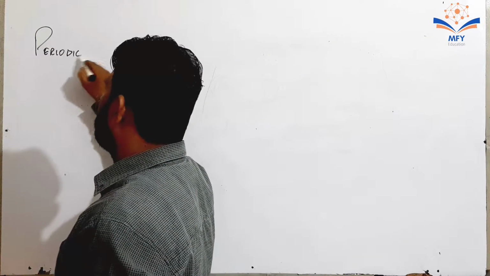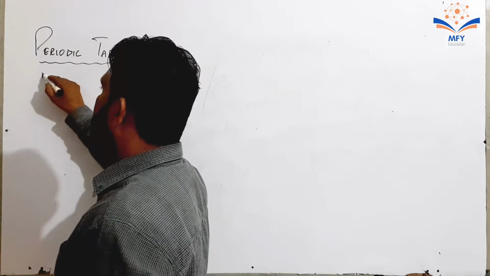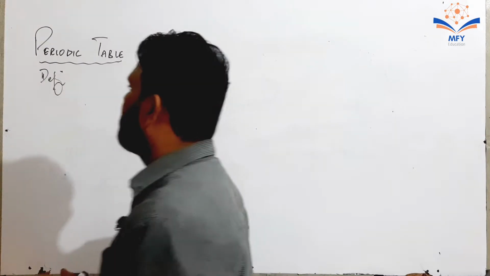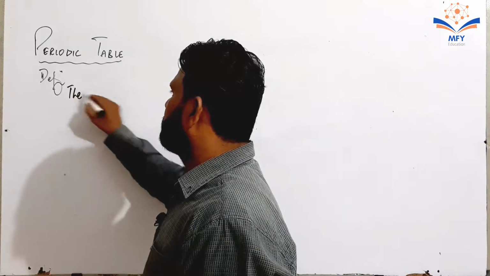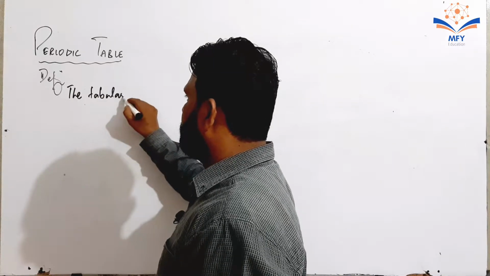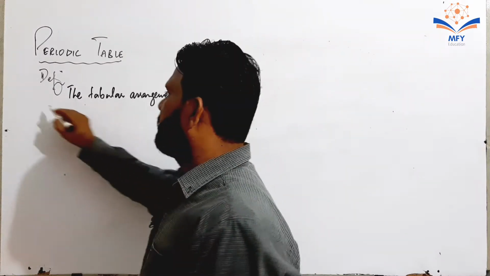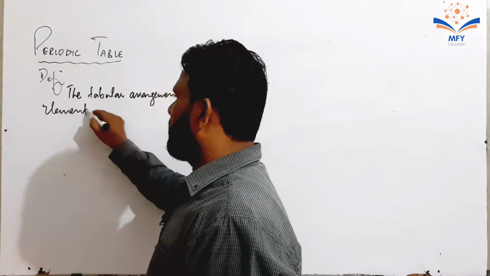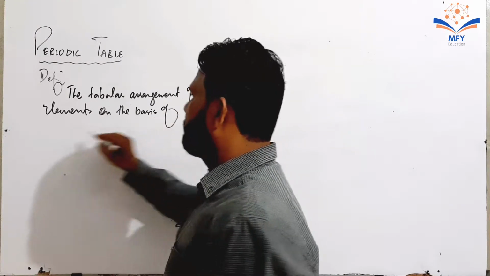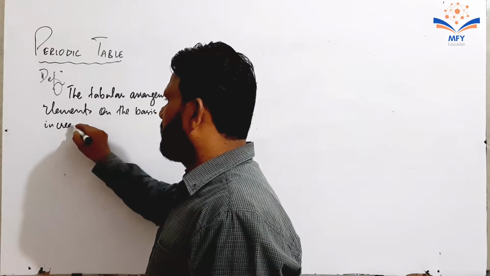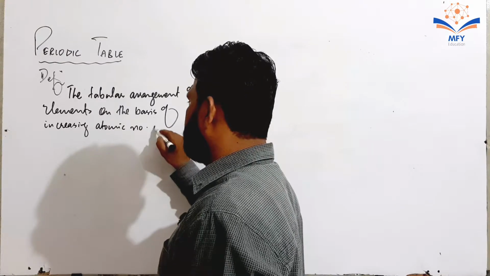What is the periodic table? How can we define it? We can define the periodic table as the tabular arrangement of elements on the basis of increasing atomic number.